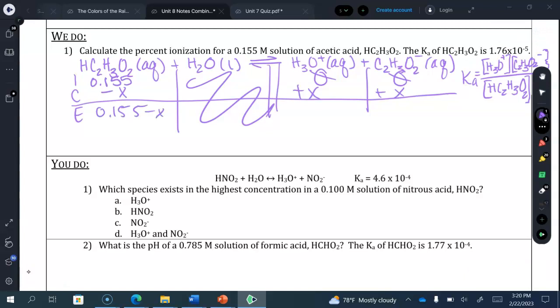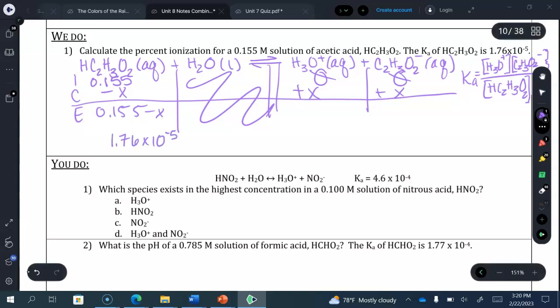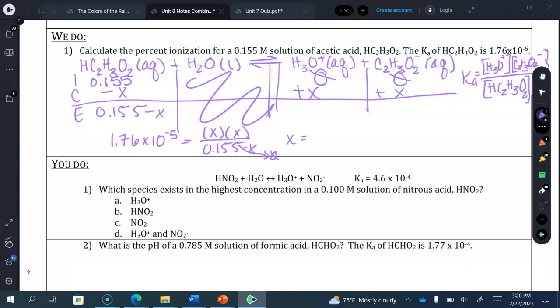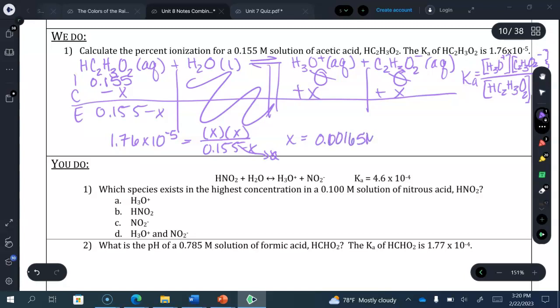Plugging everything into the Ka expression, we have 1.76 times 10 to the negative 5 is equal to x times x over 0.155 minus x. We can simplify this a little, and solving for x, you should get that it is equal to 0.00165 molar.